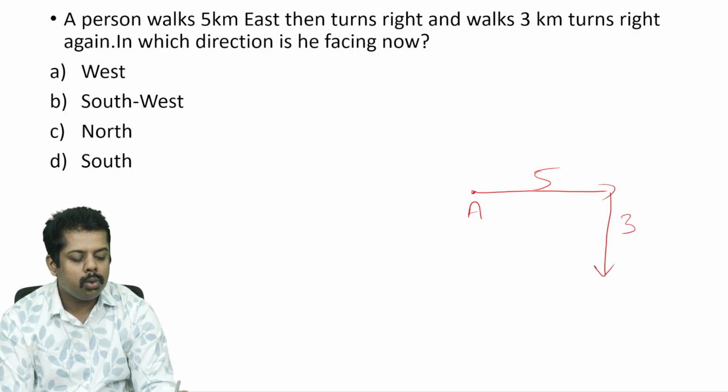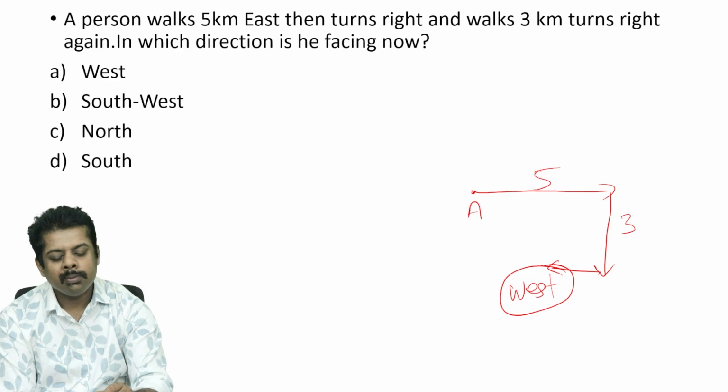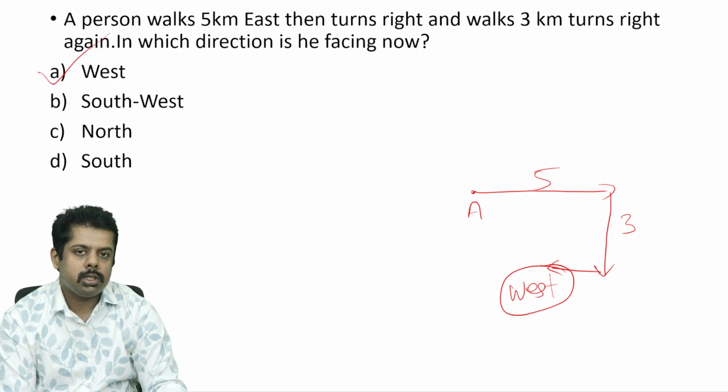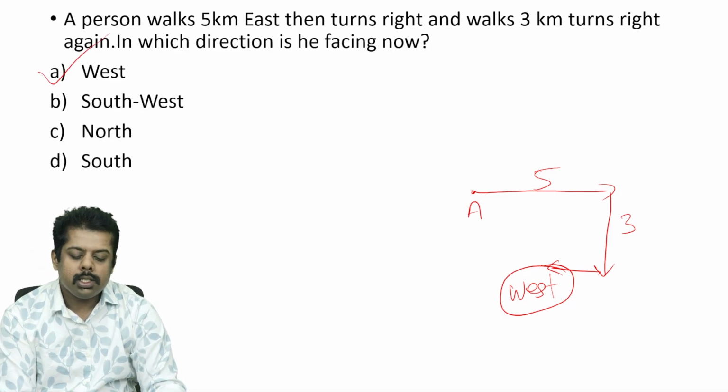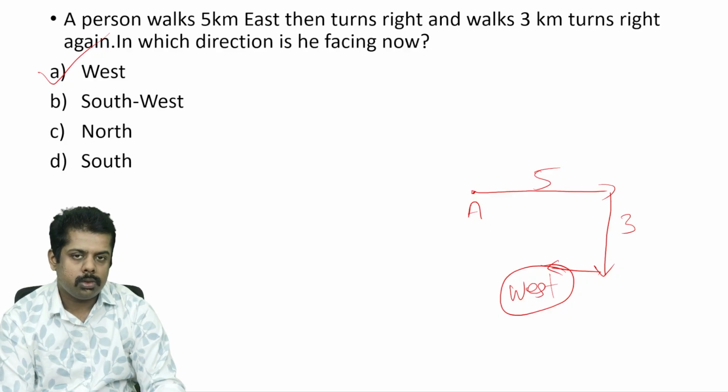He moves 3 kilometers. From there he takes a right. Now he is facing south, so right is towards west. They have asked the direction in which he is facing. This is also an easy case. He is facing towards west. So the answer here is option A, west.